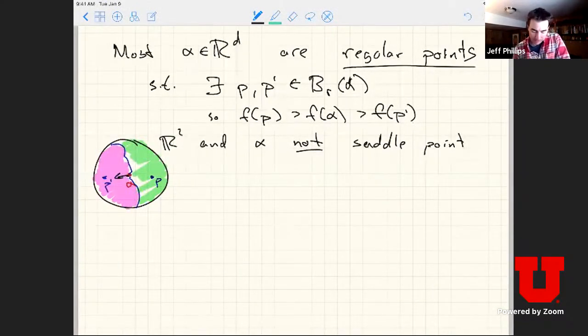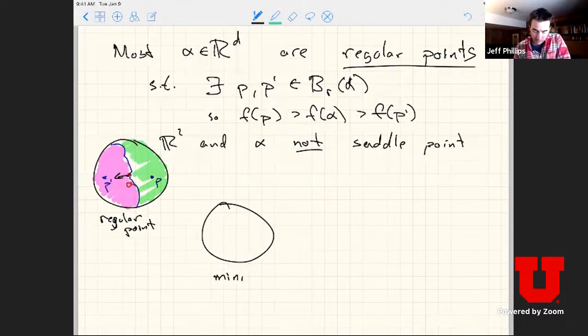Okay. So we can draw these functions also for a regular point. I can do this for a minimum. I have trouble writing when there are so many M's and N's.